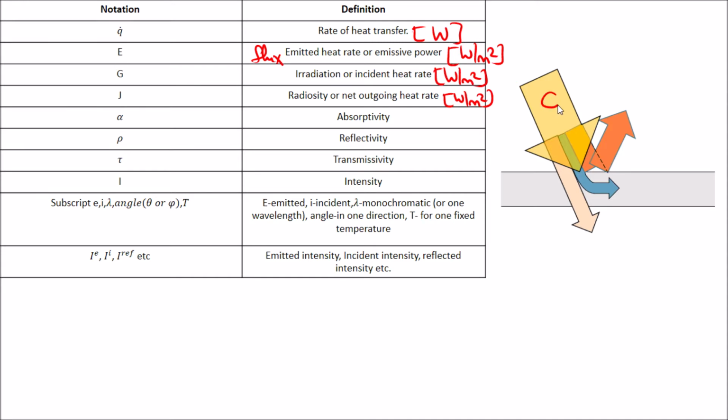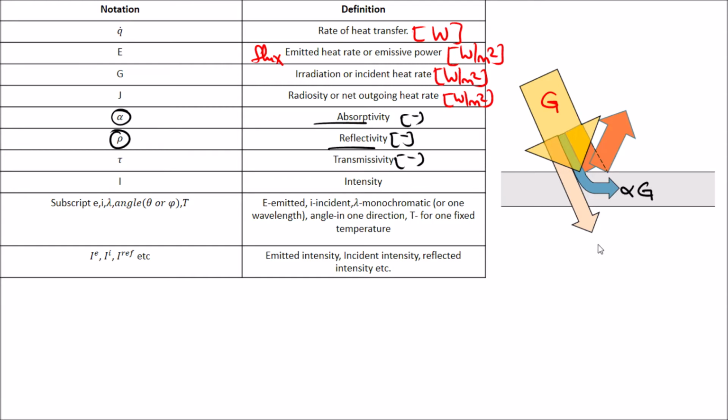There is an incident radiation which is G, and some part of it is absorbed with some coefficient alpha, so alpha into G. These coefficients have no unit.